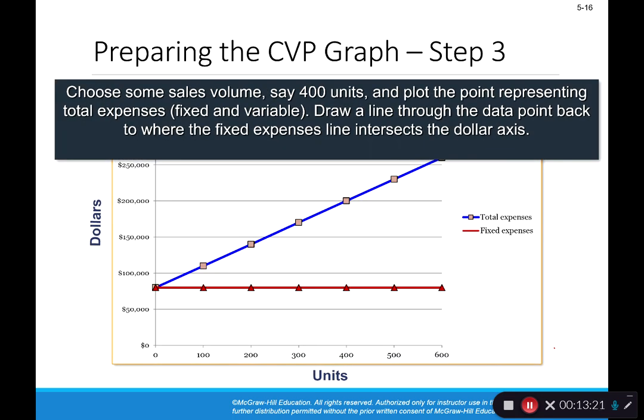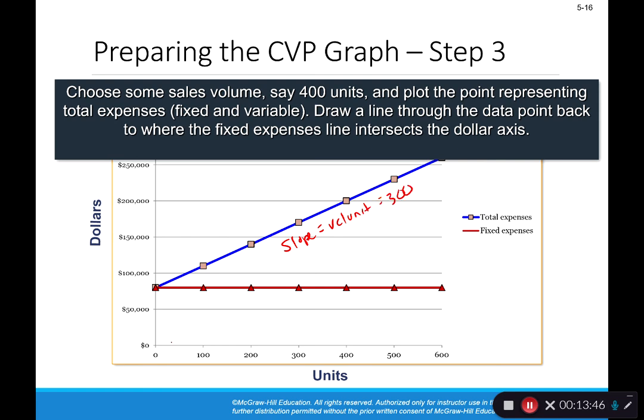The next thing we'll do is add our variable cost to that to plot our total cost line. So our total cost when we sell nothing is still 80 grand because we have our fixed cost to cover. And then it's going to go up from there because of the variable cost per unit. The slope of this line equals the variable cost per unit, which equals 300.